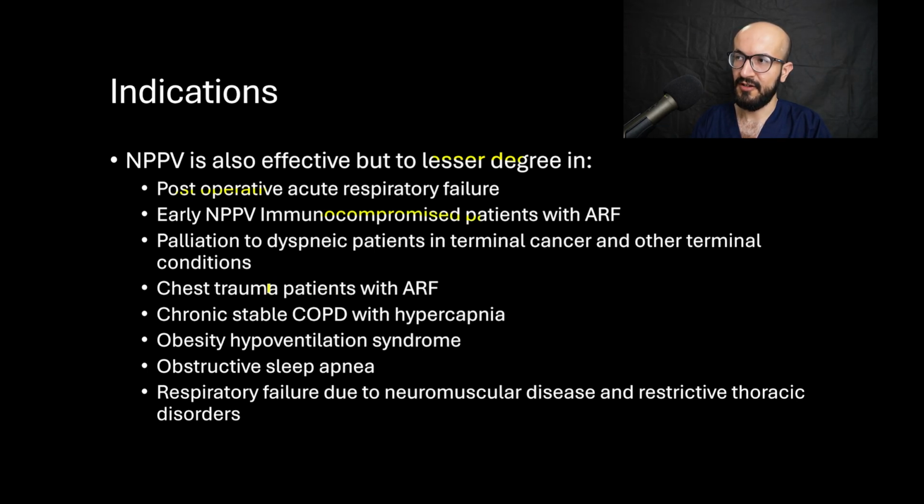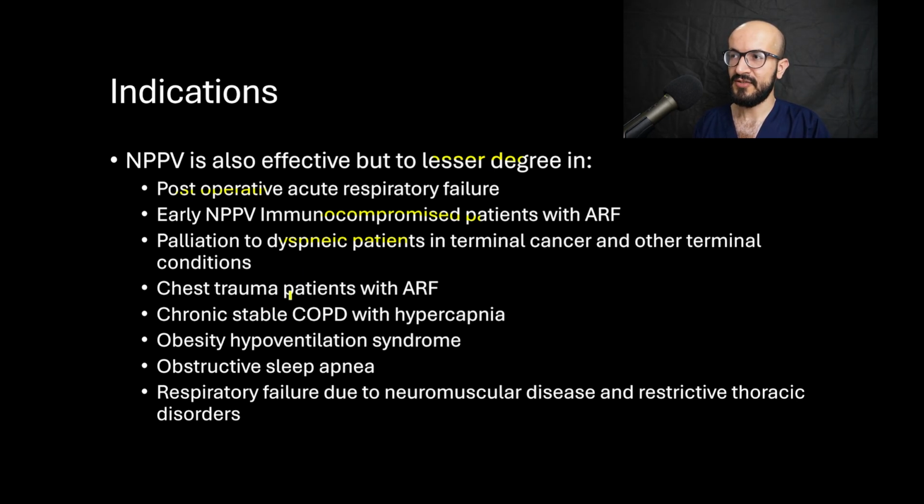It is also effective in palliation of dyspneic patients in terminal cancer and other terminal conditions, because remember, the NPPV leads to less respiratory muscle use, meaning the patient would be in less respiratory distress, and this would help in patients with terminal cancer because they don't have much muscle mass inside.